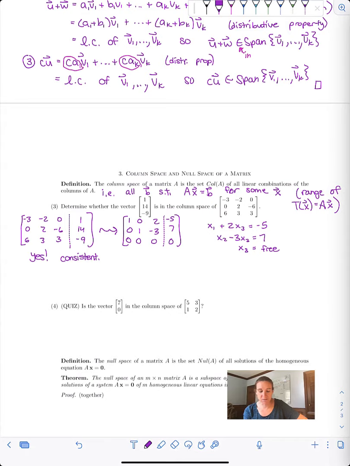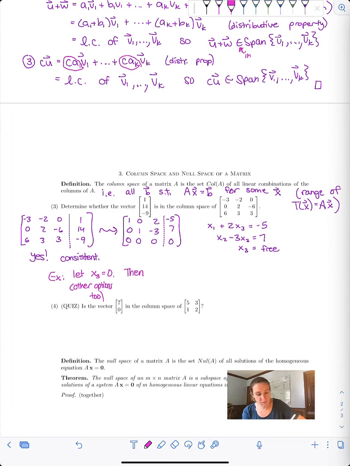We could let x3 be anything we want. For example, we could let x3 equal 0, and we could let it be other things. So there are infinitely many options.